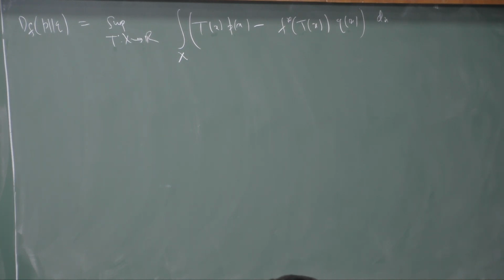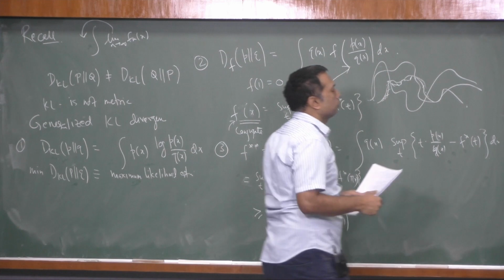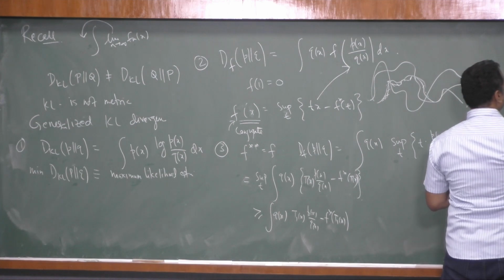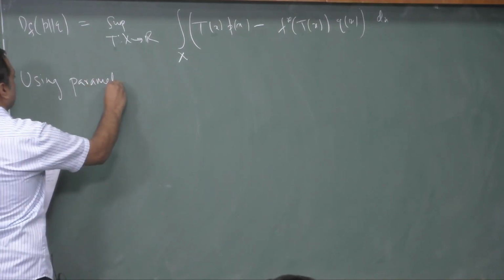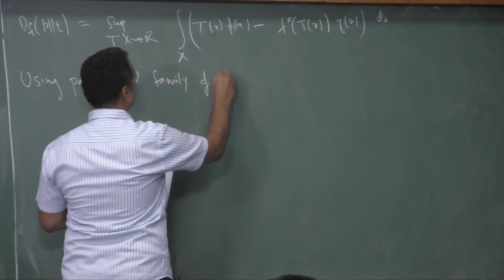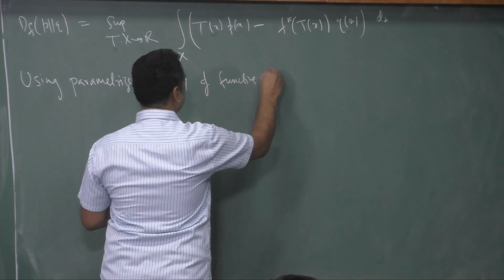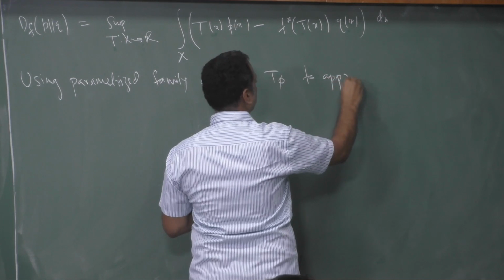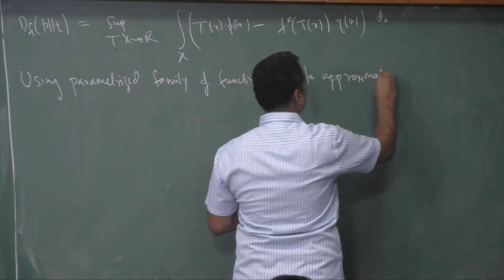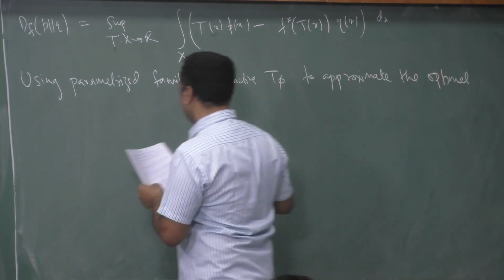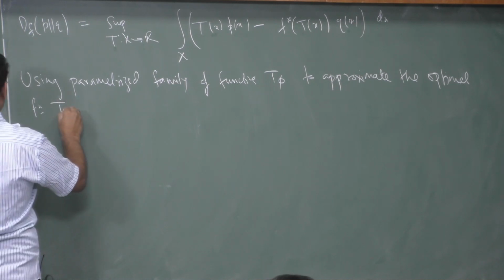So let us say t is some t phi, where phi is the parameterization of t. Changes in phi give me different t. So we use a parameterized family of functions t phi to approximate the optimal function t.